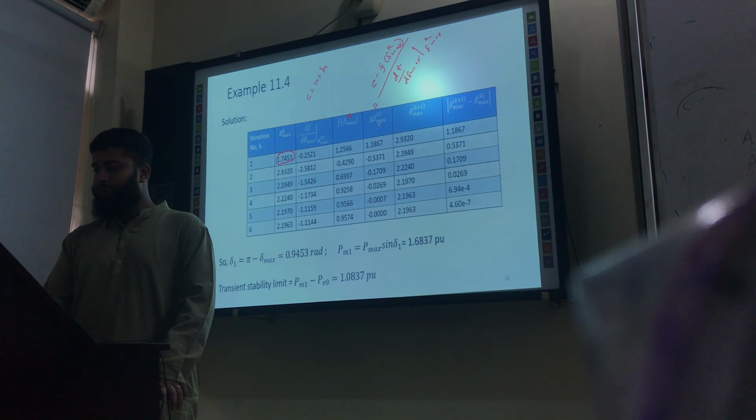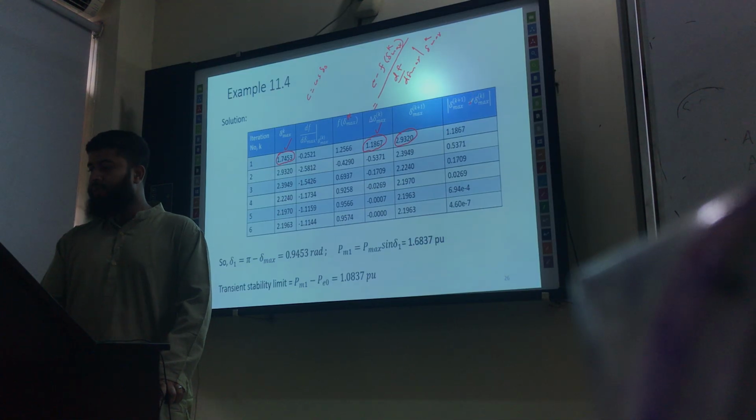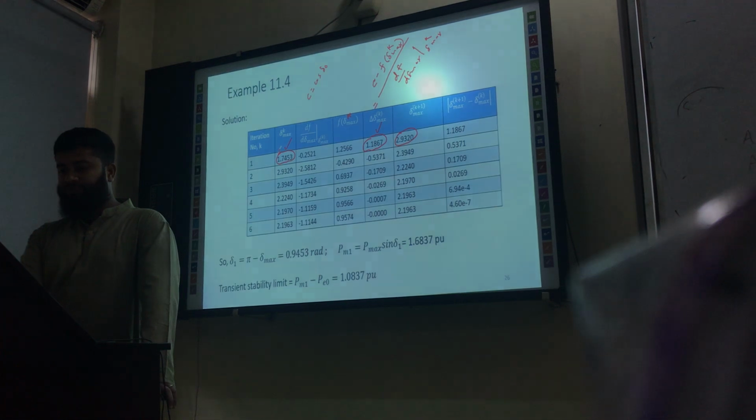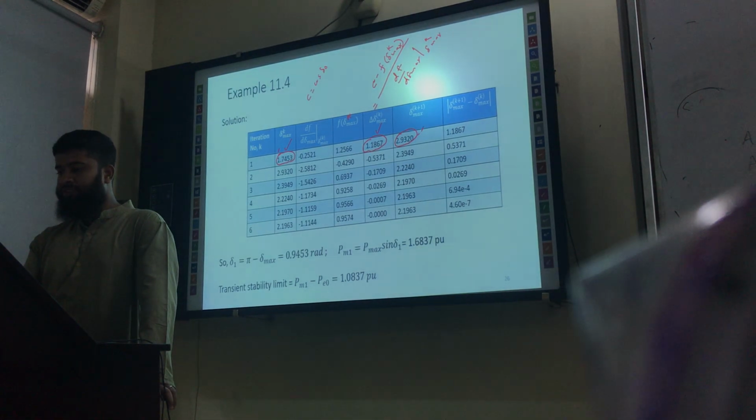Now with this information you can calculate the delta max at k, and what will be the updated value of delta max for the next iteration? The addition of this and this, right? You will get this. Then in the rightmost column you have to check the difference. So the previous value was this, and now this. Difference of this is this. Okay.